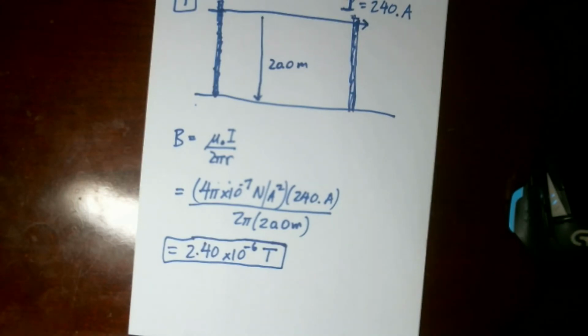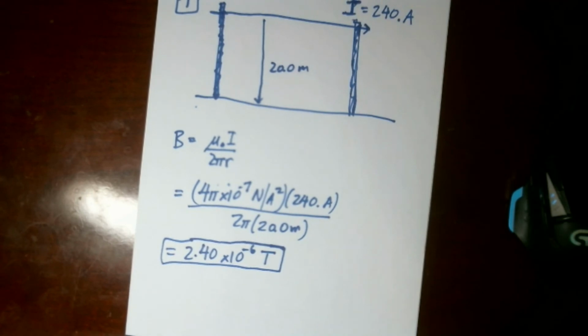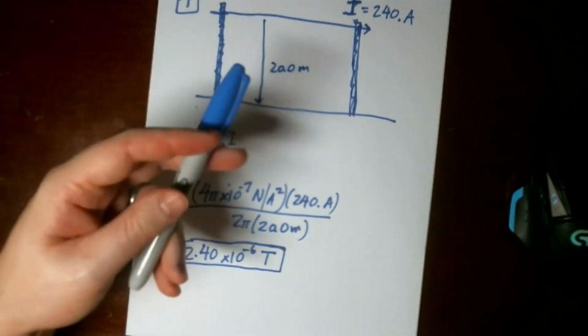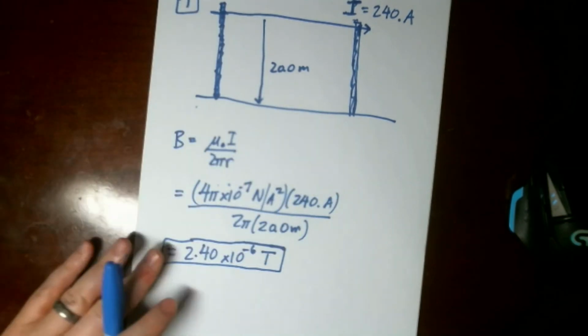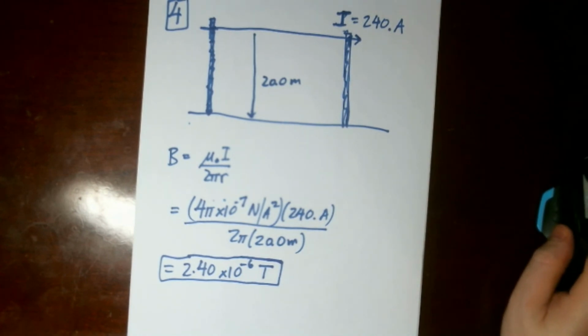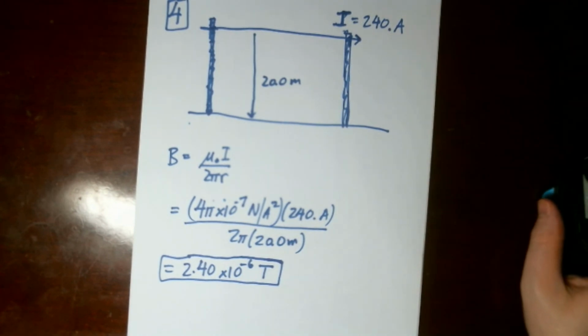So this is like a factor of 20 smaller than that. So it turns out that the Earth's magnetic field is quite a bit stronger at ground level than the magnetic field due to even a power line carrying a pretty large amount of current. All right, that's number 4. And that's the end of my solutions for quiz 5.